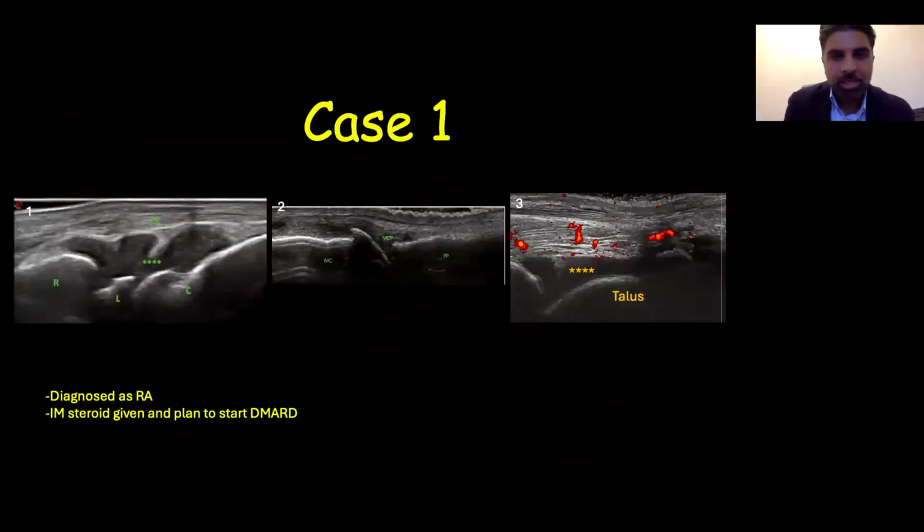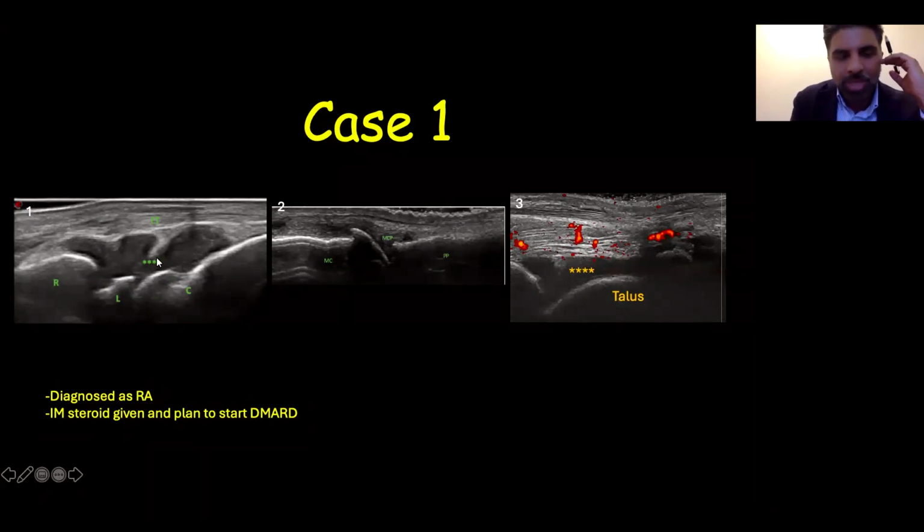So this is her ultrasound scan. I've put in 3 images here. If we focus on the image on the left-hand side, labeled number 1, this is an ultrasound image of a radiocarpal joint. What you can see if you look at the 4 green arrows is that there is some synovial hypertrophy.